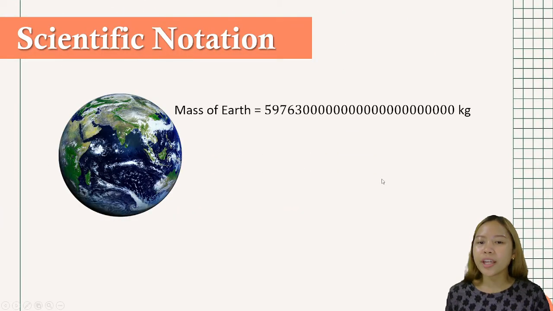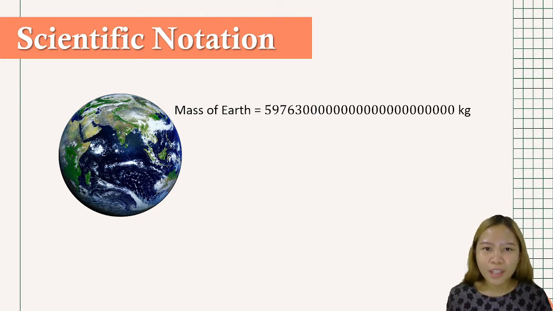Now, I have here an example for you. We have here the mass of the Earth. Now, if we look at the mass of the Earth, it is very heavy. And if you take a look at the numbers, it has a lot of digits, right? Now, what is the purpose of scientific notation? Scientific notation is a kind of shortcut in writing very large and very small quantities.